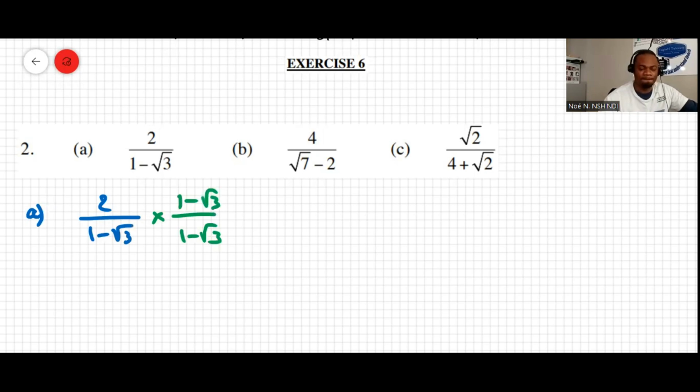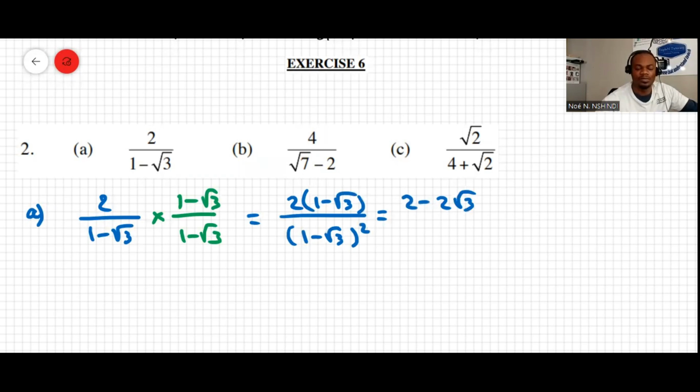The denominator is going to be 1 minus root 3 to the power of 2, and the numerator 2 open brackets 1 minus root 3, so this will be 2 minus 2 root 3, and the denominator will be 1 minus 2 root 3 plus 3.